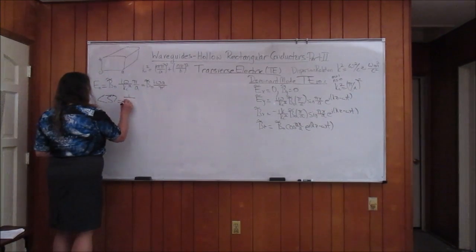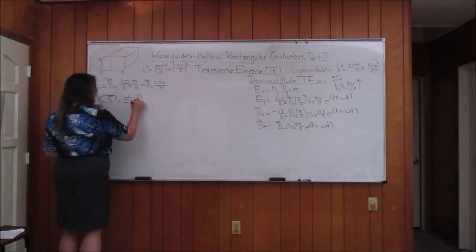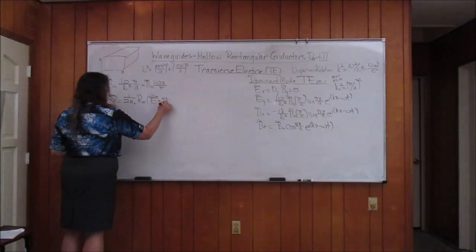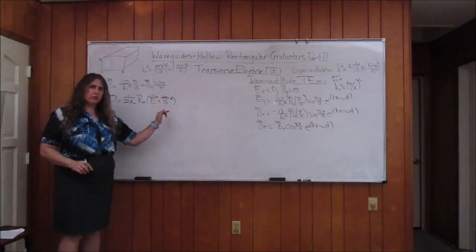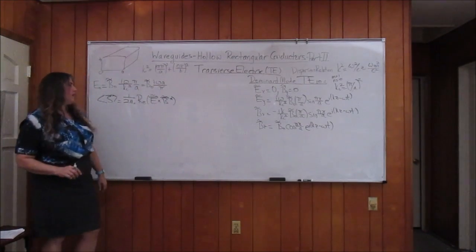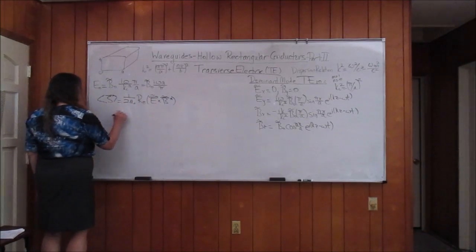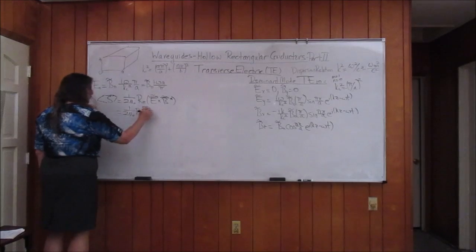And if you recall from an earlier lecture, that's equal to 1 over 2 mu times the real part of the cross product of the electric field and the complex conjugate of the magnetic field. So we've got a few components here. This is 1 over 2 mu naught. Again, real part.